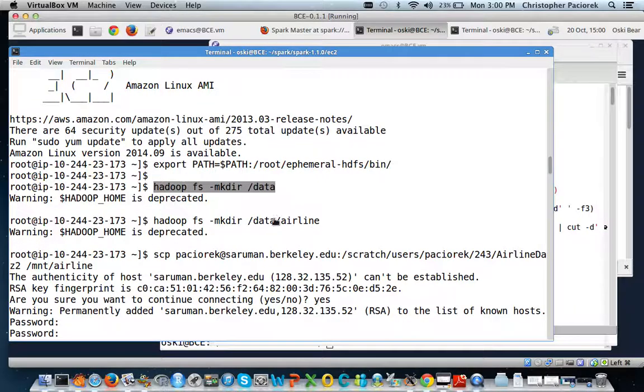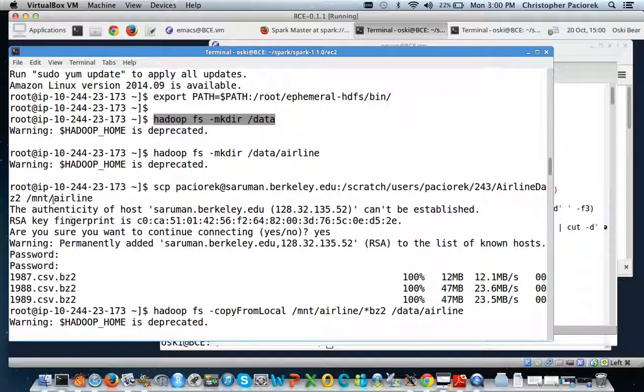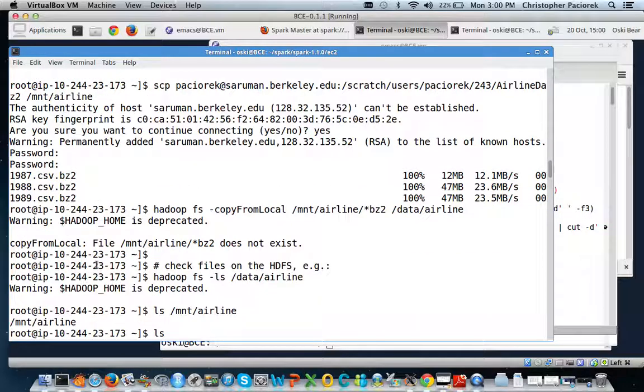And then I say copy all the files from my Berkeley account over locally to /mount/airline on the Linux machine. And I'm just going to do 3 of them instead of all 22 for the sake of time.